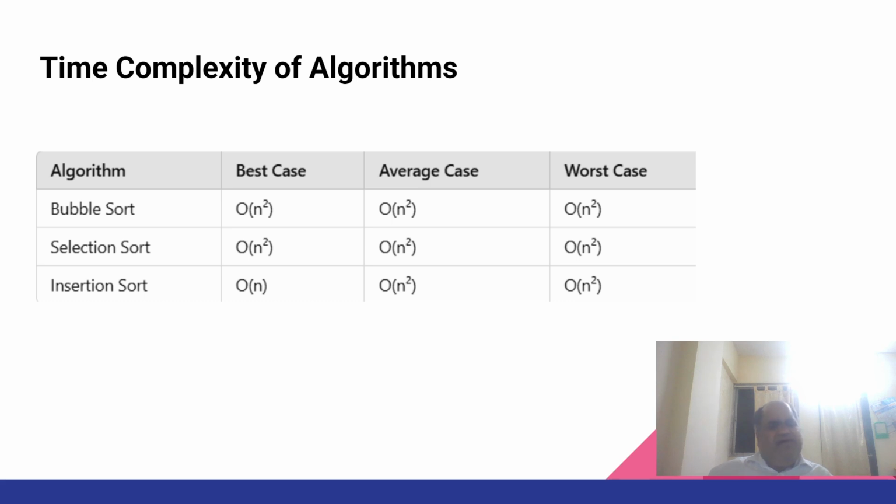Because every loop will actually look at all the elements, even if it doesn't look at all, it is still considered O(n). O(n/2) is as good as O(n). And then if there are two loops, by default it becomes O(n square). If some condition makes the looping redundant, in that case it becomes O(n). That's what you saw in the case of insertion sort. If items are in order, in the first iteration it will not go for the second. That's why the best case complexity for insertion sort is O(n).